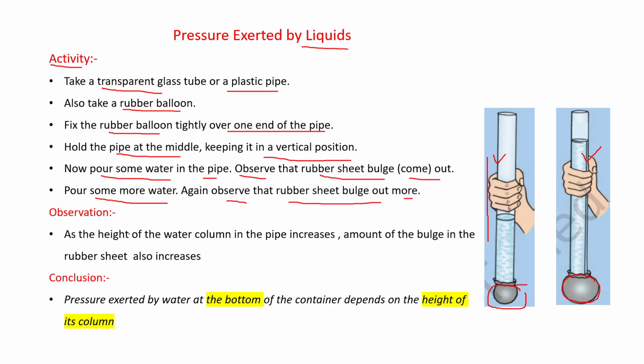Whatever we are observing, as the height of the water column in the pipe increases, the amount of bulge in the rubber sheet or balloon also increases. That's why we can conclude that pressure exerted by water at the bottom of the container depends on the height of its column.